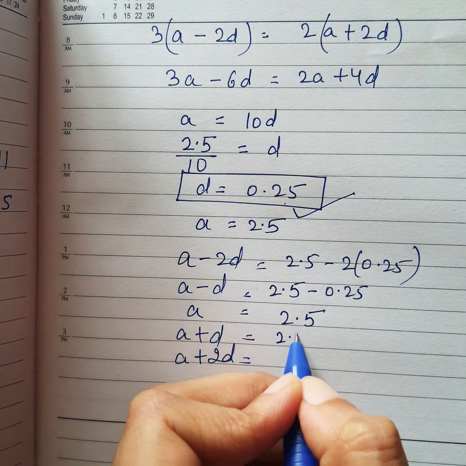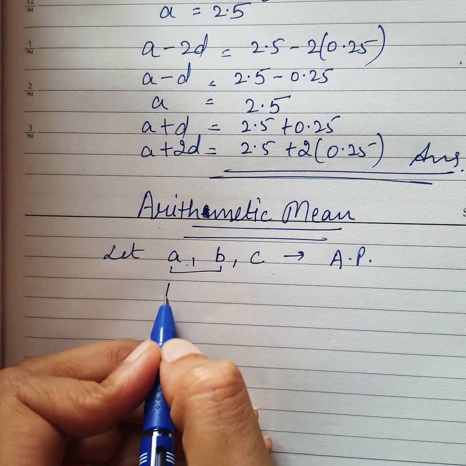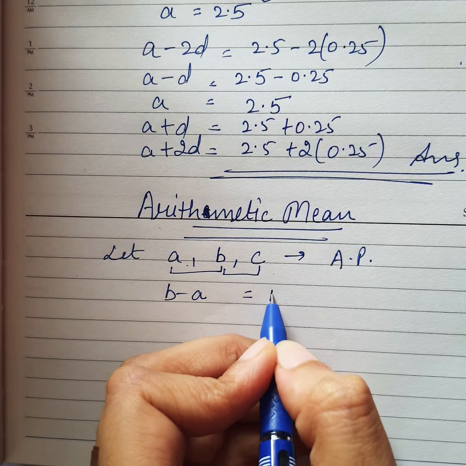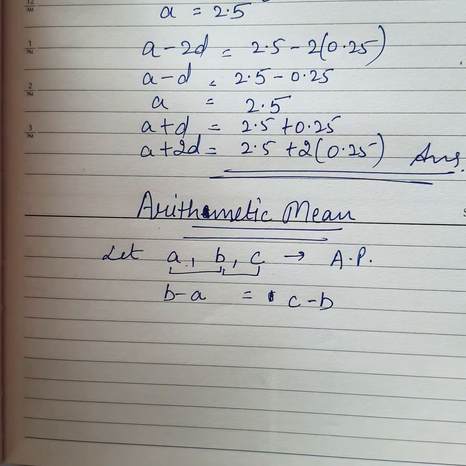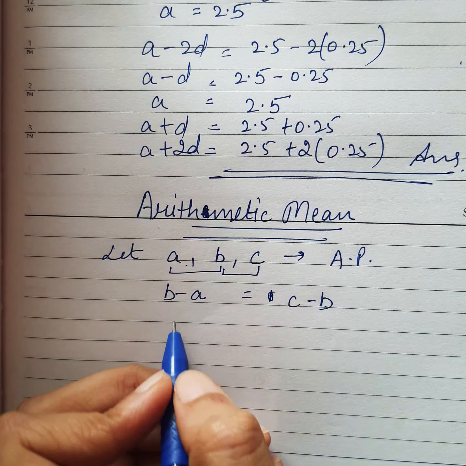Next topic is arithmetic mean. Let A, B, C be in AP. Arithmetic mean means, since they are in AP, the common difference here will be the same as the common difference C minus B. So in this case I am shifting B here.